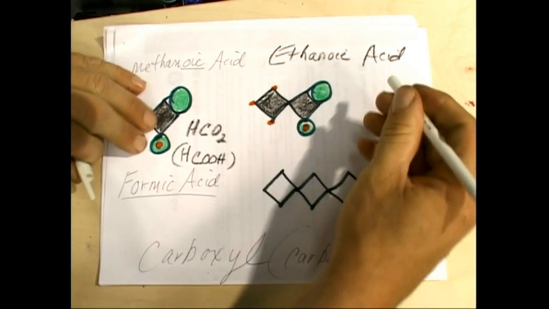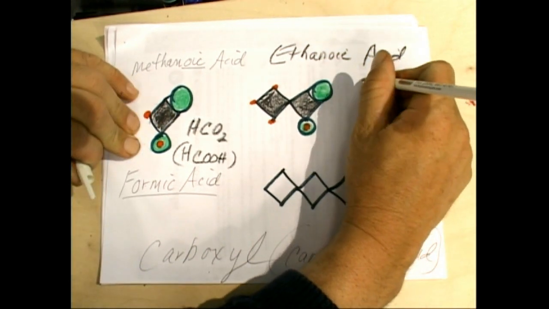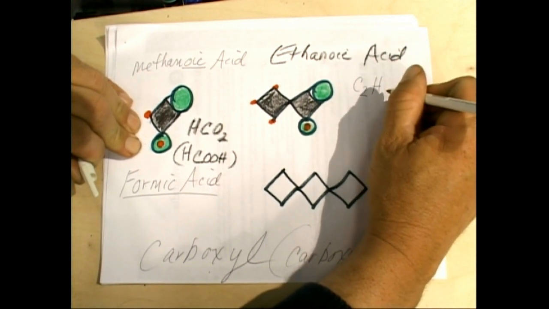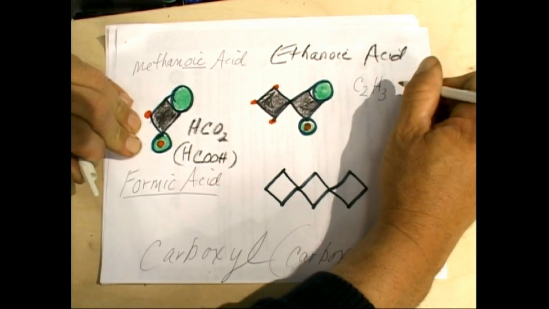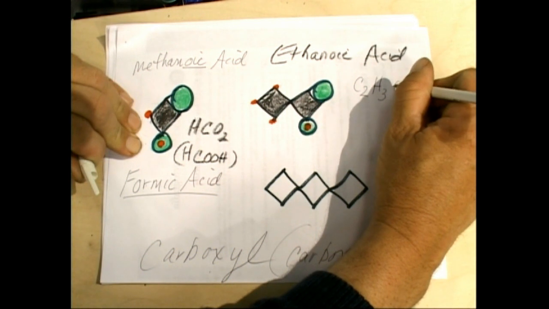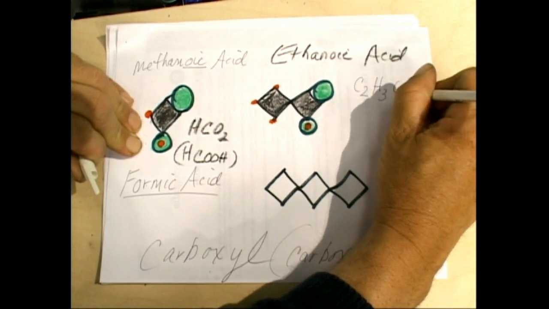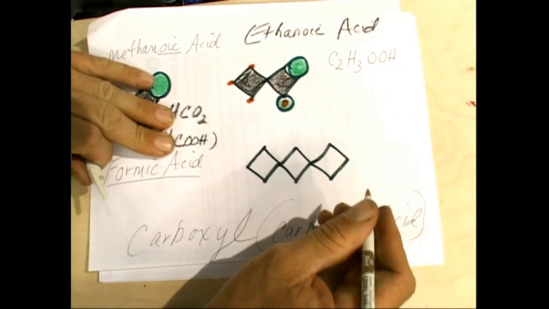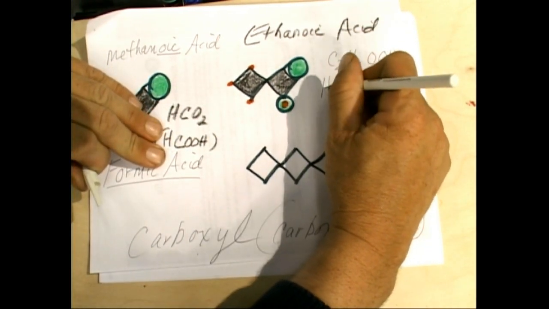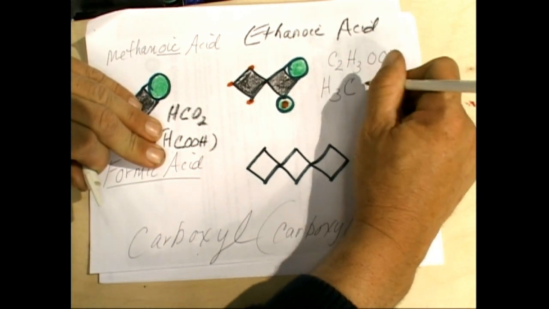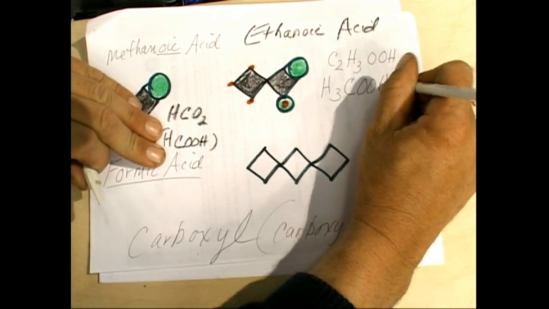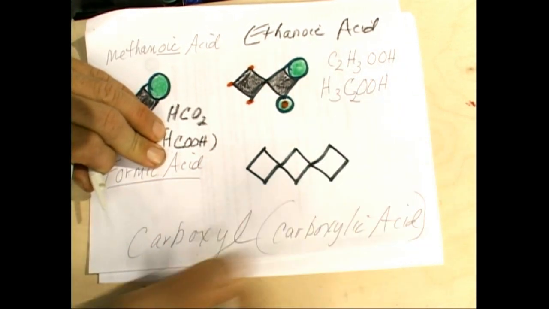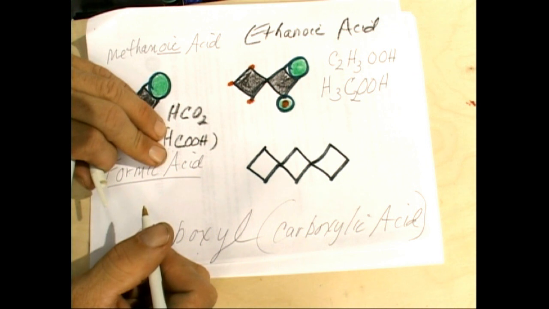So the ethanoic formula, ethanoic acid, is C2H3OOH. That's not how it's written. It's probably written H3COOH. No, I can't do that either.